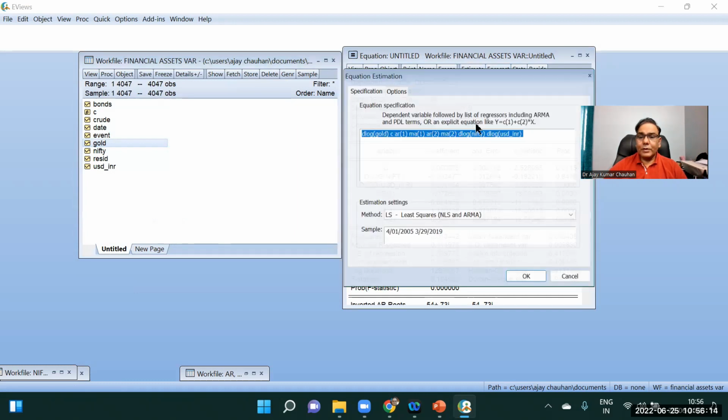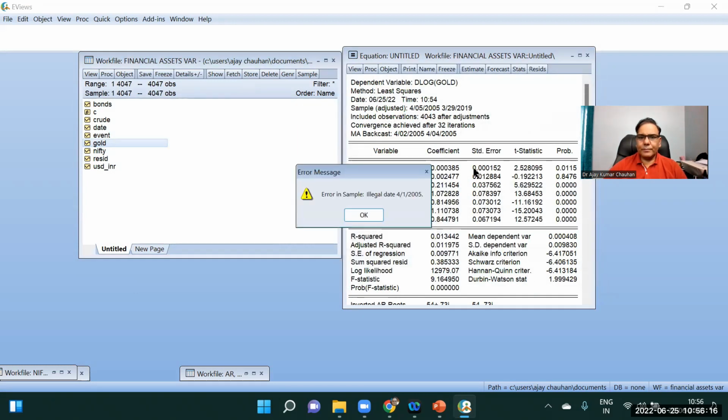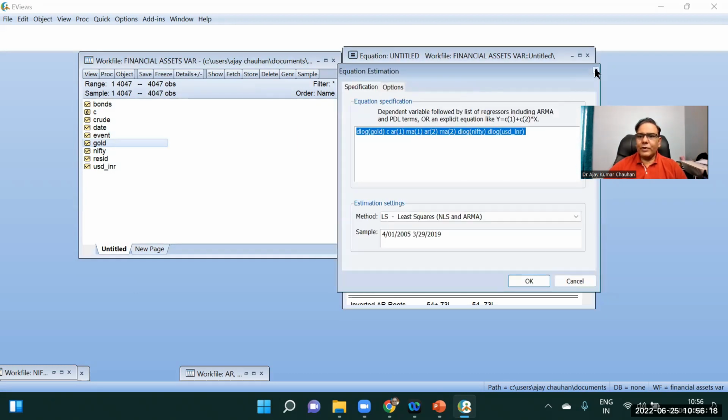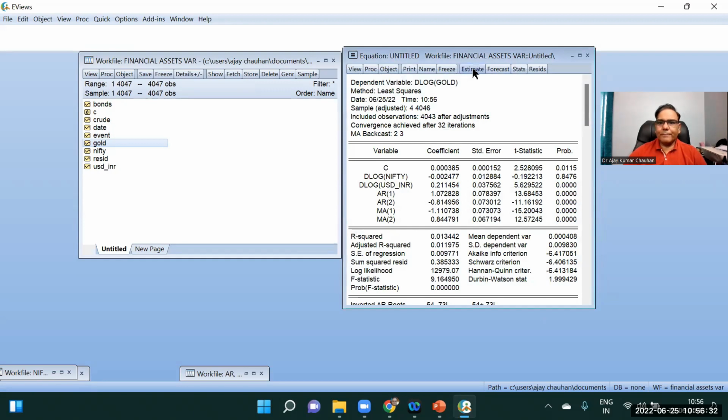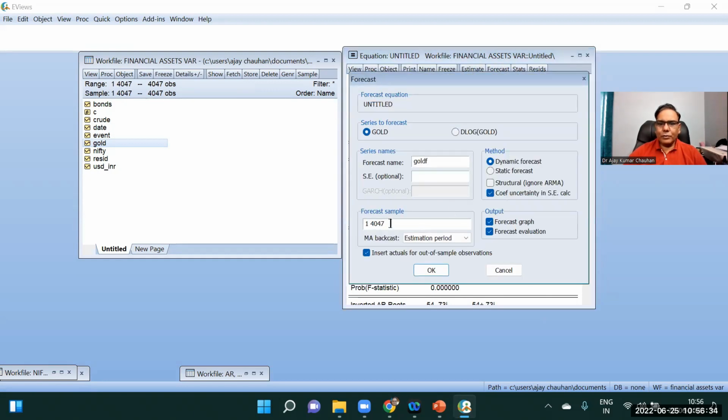Okay, now the software will not take the dates. So 4046 observations, now 4047. Now I will forecast for the 4047th period. Static forecast, and okay. Okay, some problem is coming.